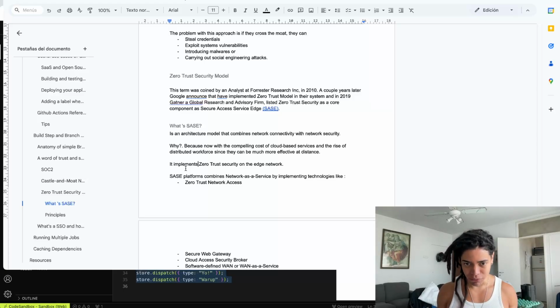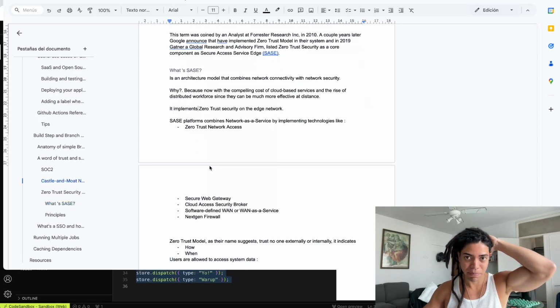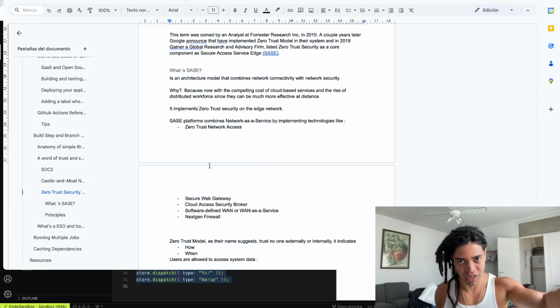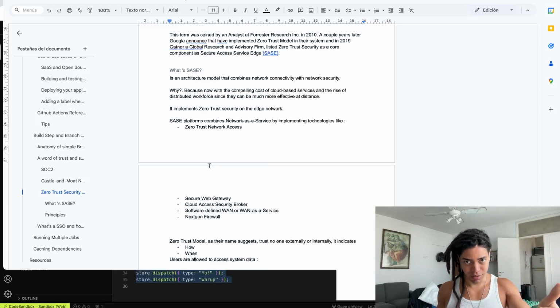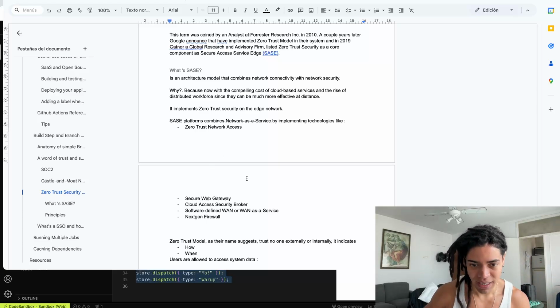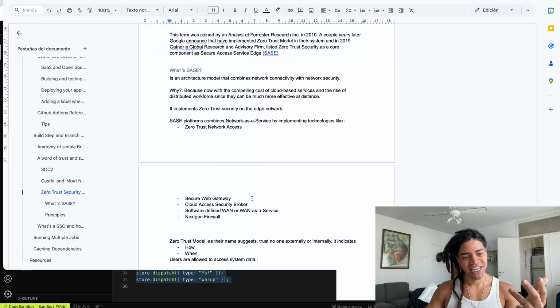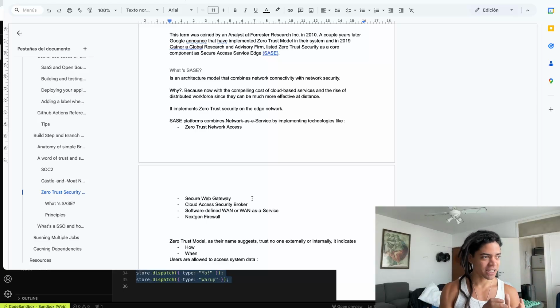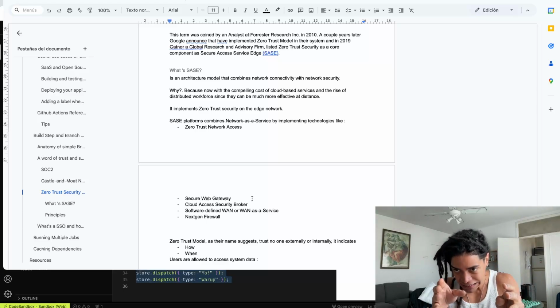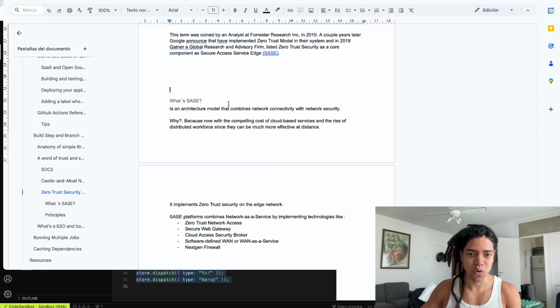So SASE platforms combine network as a service, implementing technology in those edges, such as zero trust policy, zero trust network access, secure web gateway, cloud access security broker, software defined WAN, and WAN-as-a-Service, which is like, this software will now be used on these IPs. And next-gen firewall.